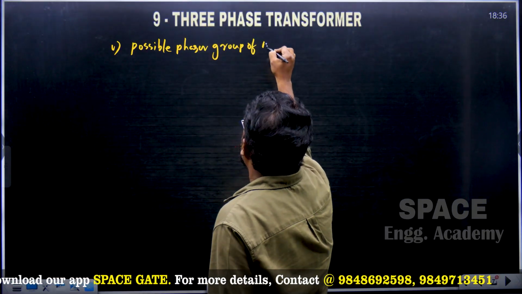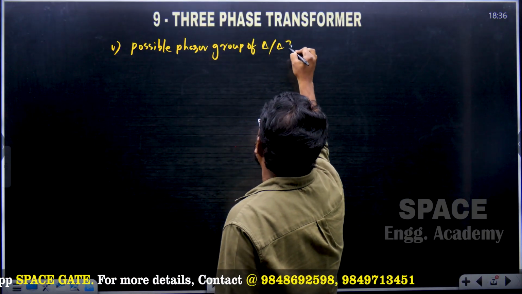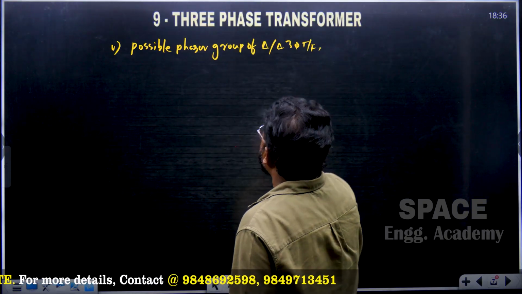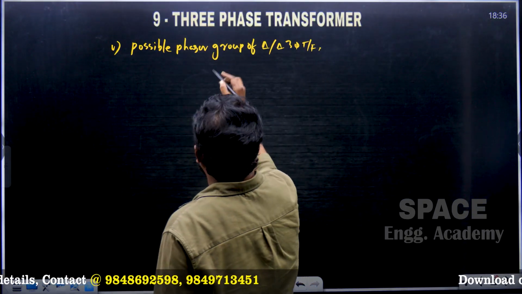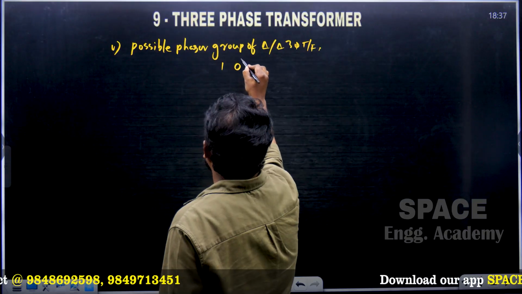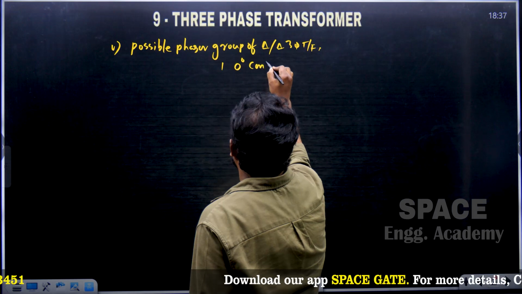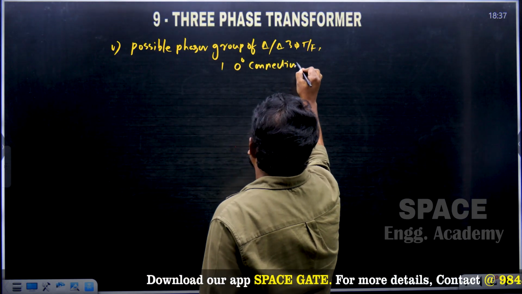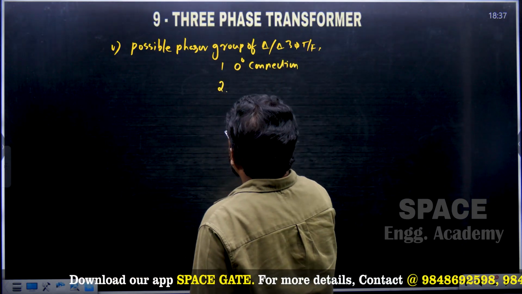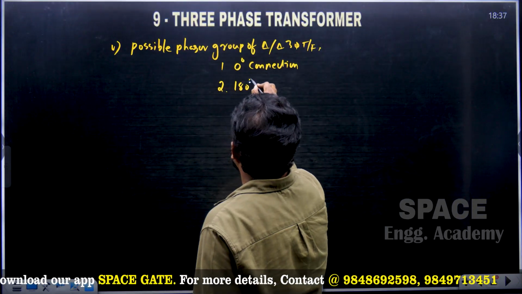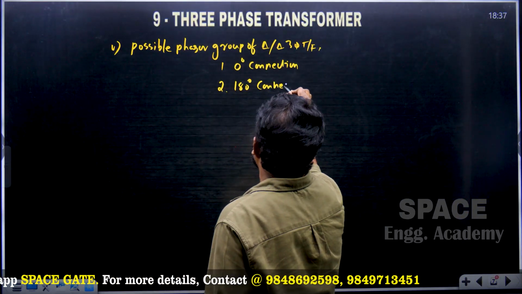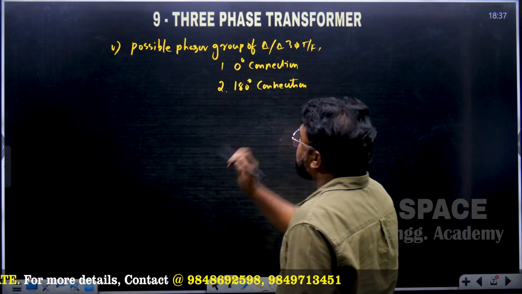One is the 0 degree connection, and the second one is the 180 degree connection. Only 0 degree and 180 degree connections are possible.